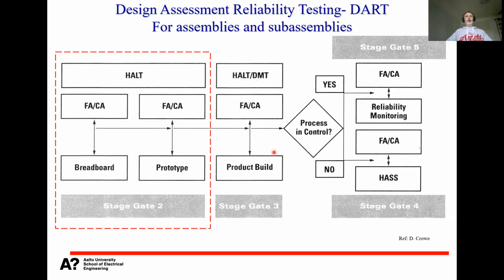So for example, placing the components on the board is something where you may have a huge amount of mass concentrated in a certain location, especially if it's in the center of the board.